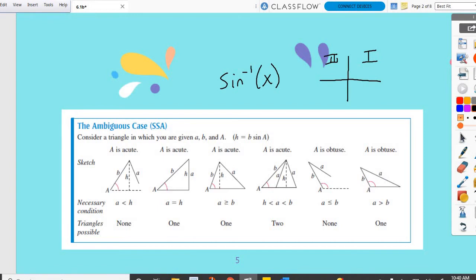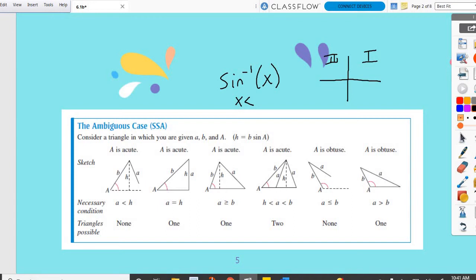So because we're going to get two options, we have to look at, could we possibly get two triangles? Now, the other thing is, what does x have to be in order for us to be able to take sine inverse of that? Remember that your inputs for sine inverse are your outputs for sine.